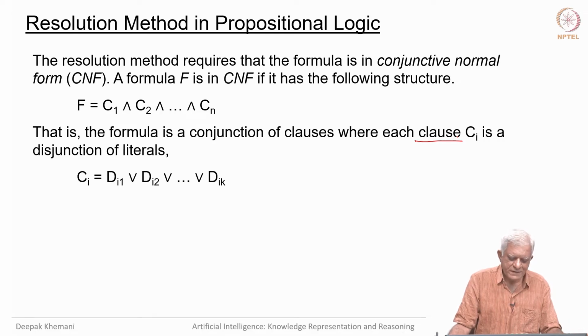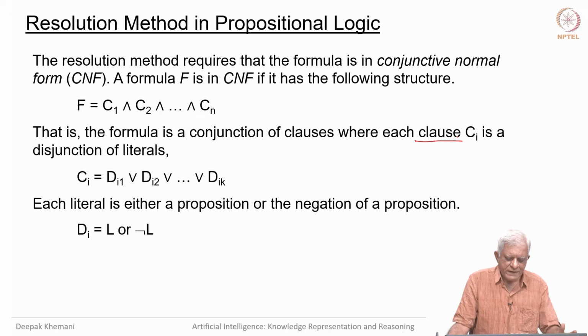So, each Ci is a formula in which di1, di2, up to dik are joined together using the OR connective, and inside the clause the only connective is OR. Each literal, each di, is either a proposition or an atomic formula or the negation of a proposition or atomic formula.